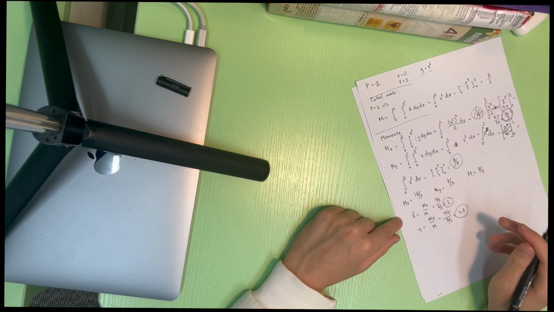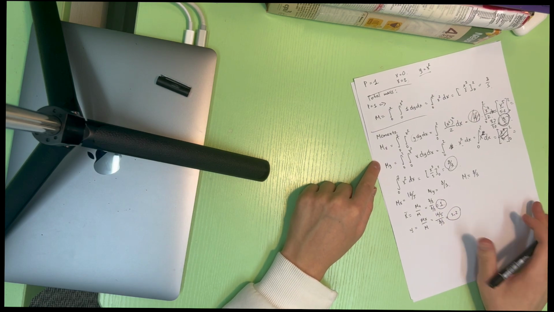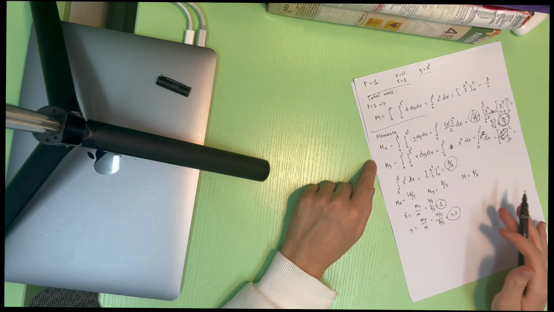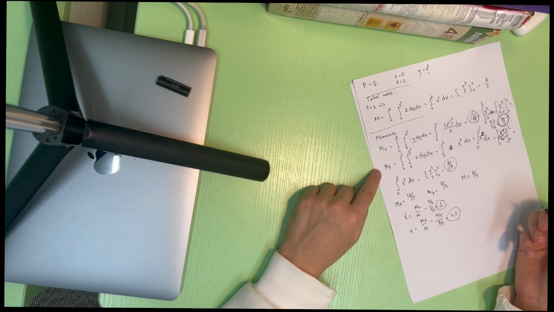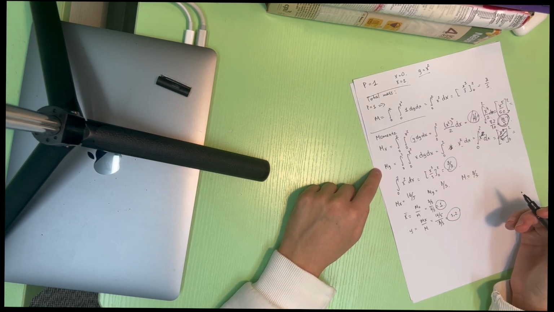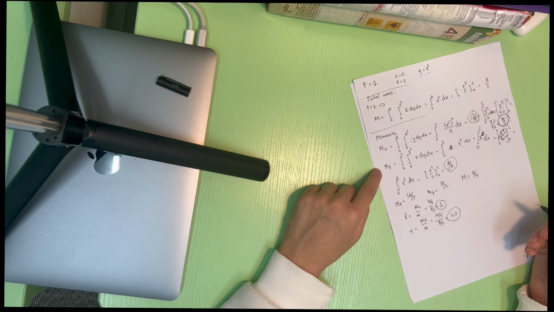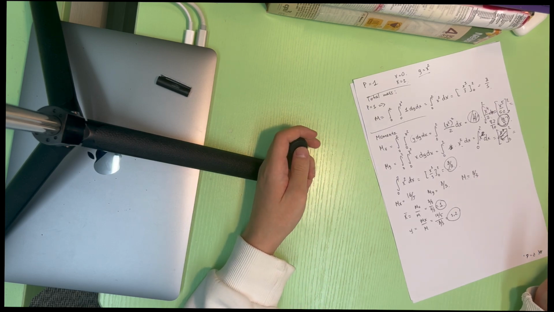So using the moments and total mass, we can find the center of mass of the object, in our case a uniform density plate. That's it.